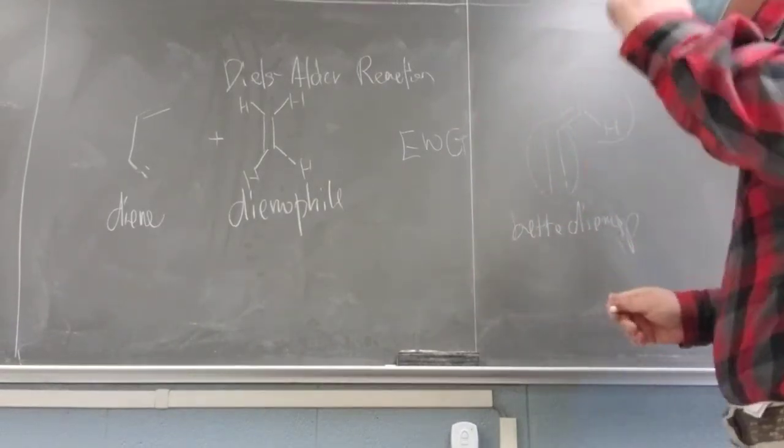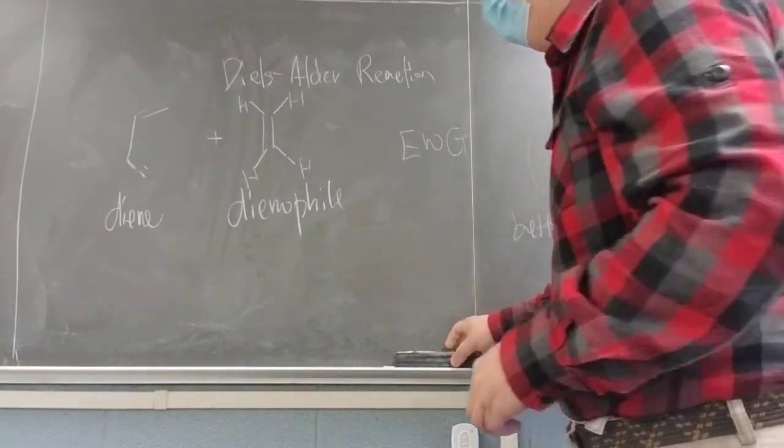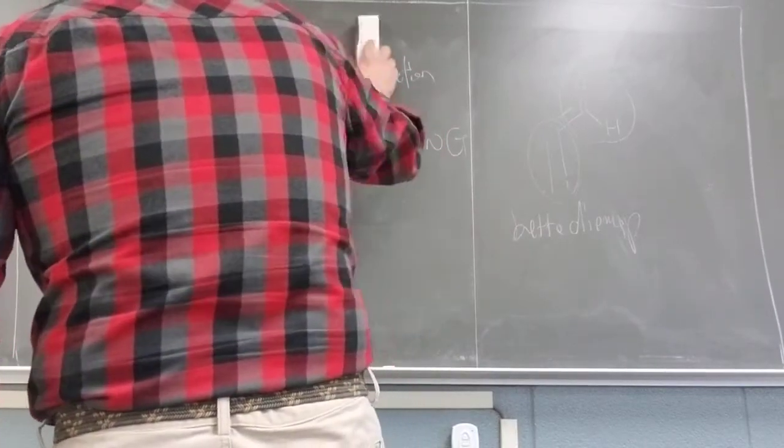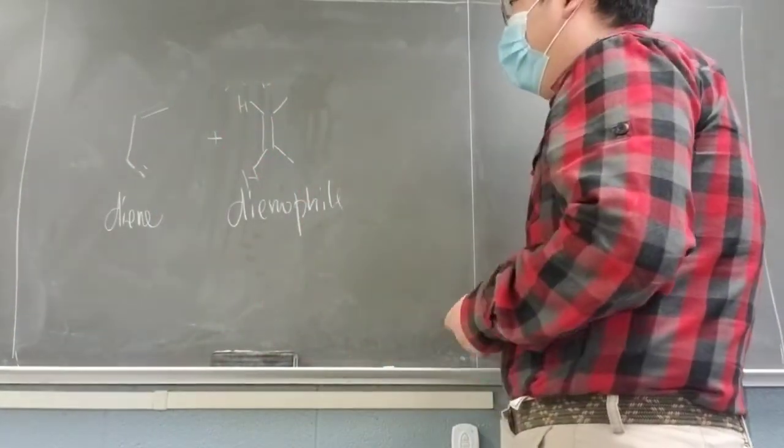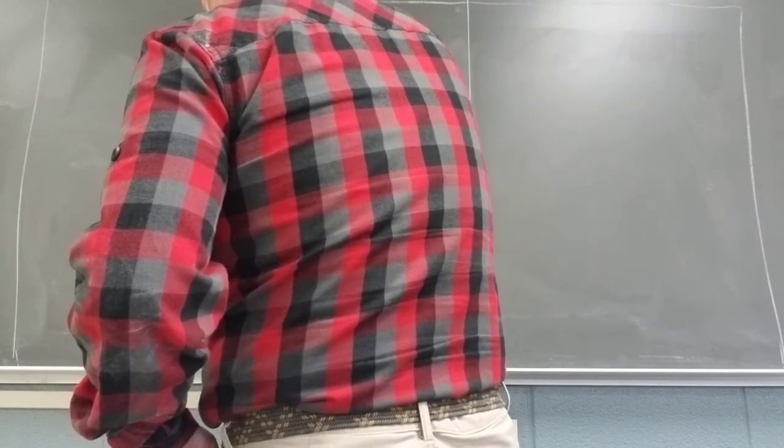Okay, so this is what we did. There's another thing we did at the end, if that comes into certain reactions. So let's try to make a better one. Once again, you can have this one instead.